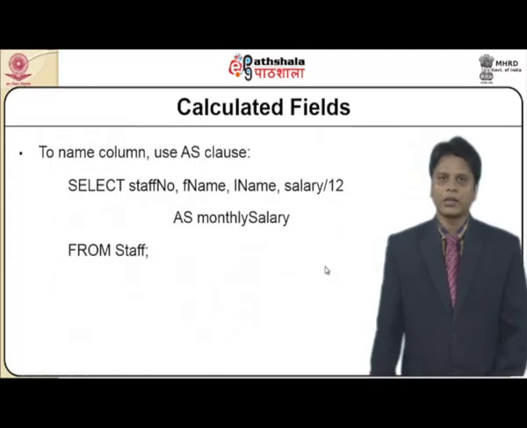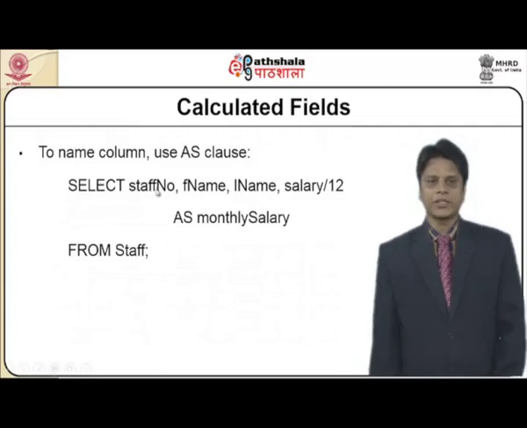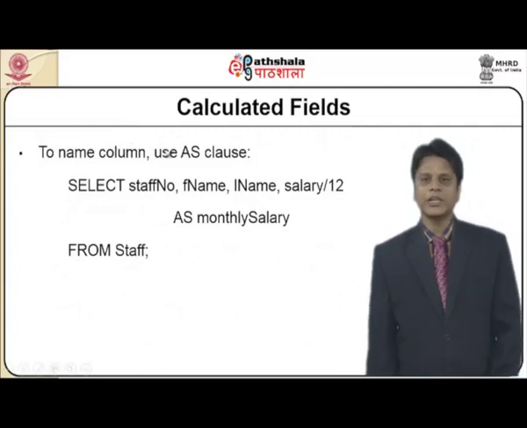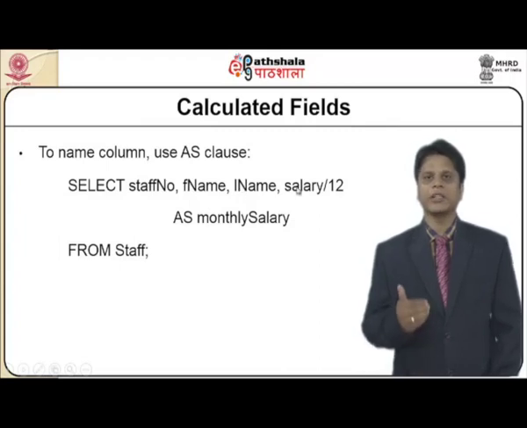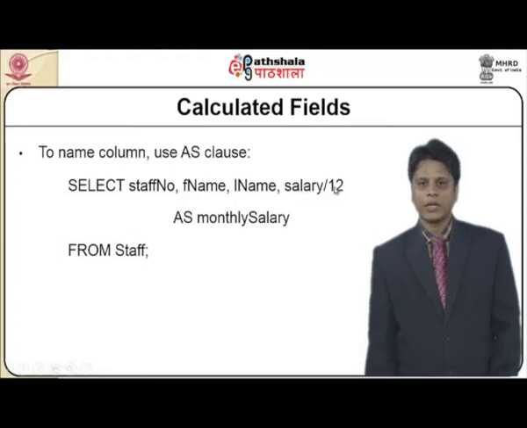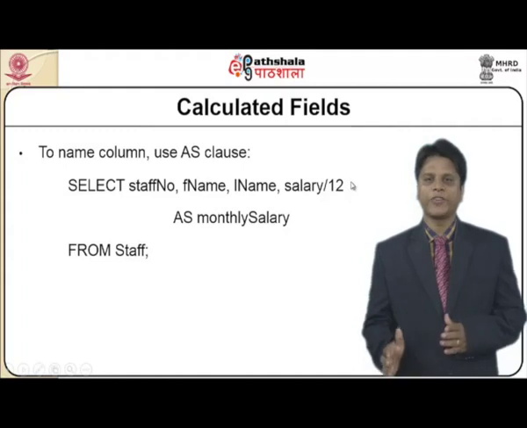Now the another query that we have is to name a column using as a class. Select staff number, first name, last name, salary. So this is what we have projected in the previous table, which has a monthly salary. Now I wanted to maintain two different sets of tables.